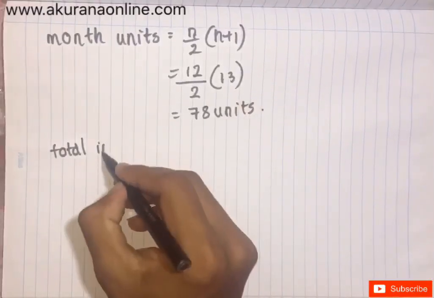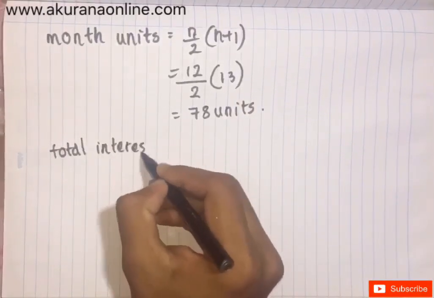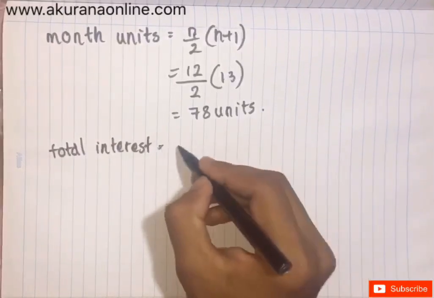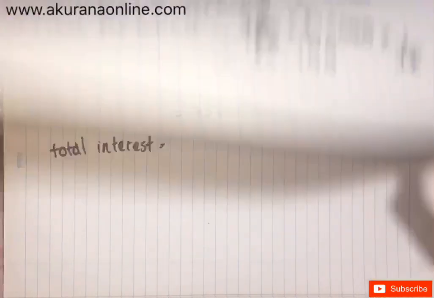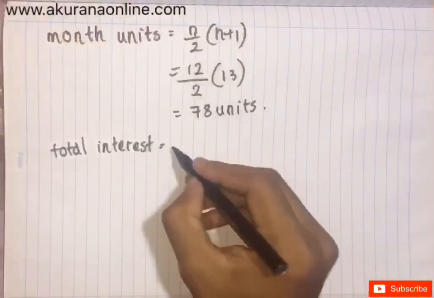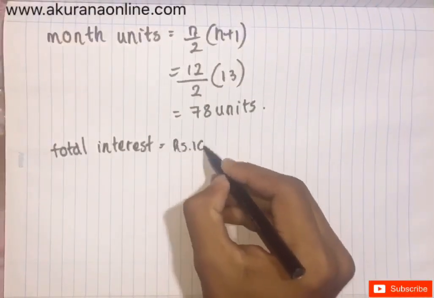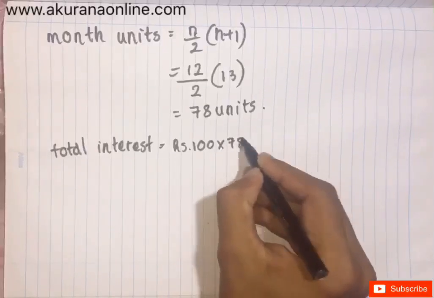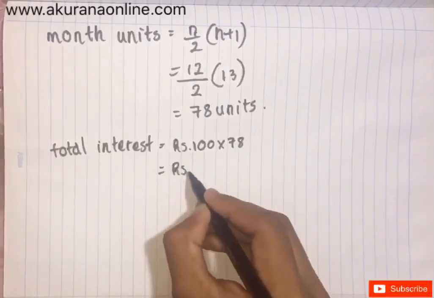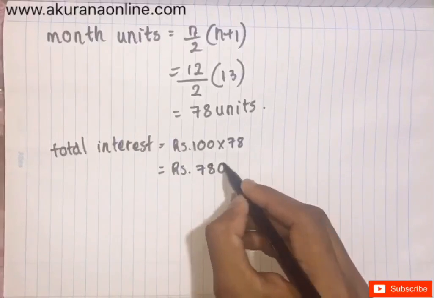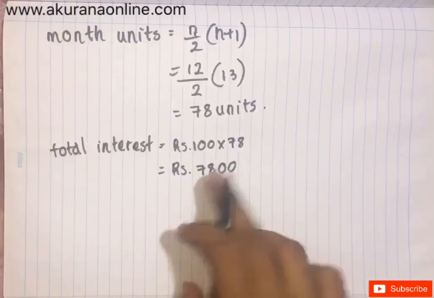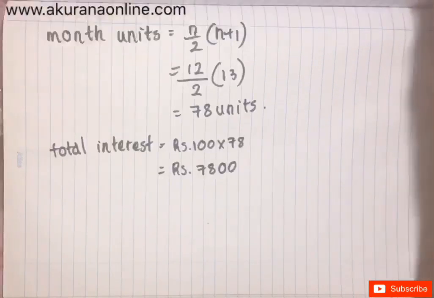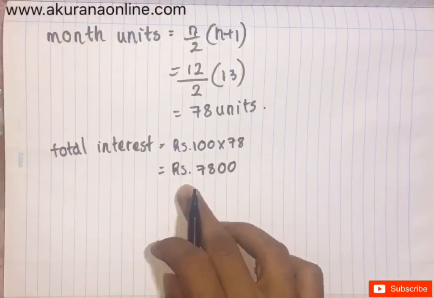Therefore, total interest is equal to 100 multiplied by 78, which is equal to 7,800. This is the total interest to be paid for all 12 months.